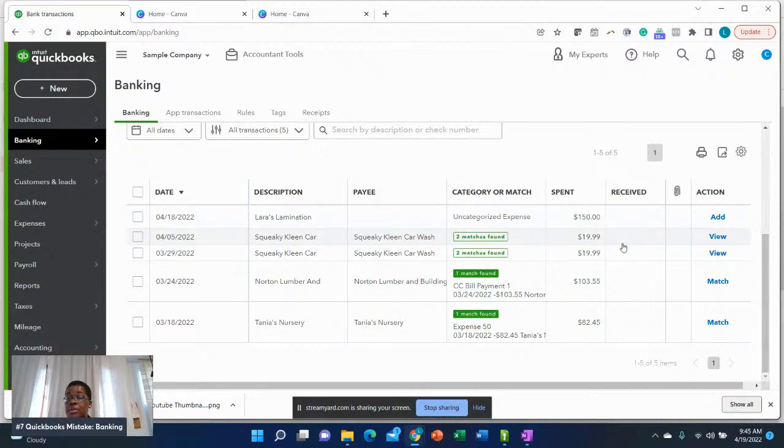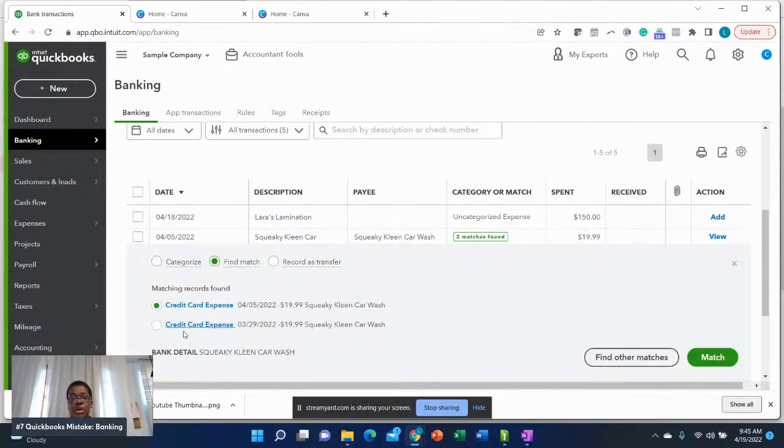And then here's another one, view. Here in this transaction, QuickBooks is saying there are two matches found. There are two credit card expenses on two different dates, with the same amount and the same vendor. So you have to look at the date that the transaction cleared. That's April 5th.